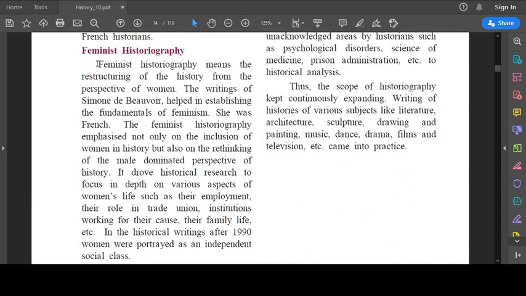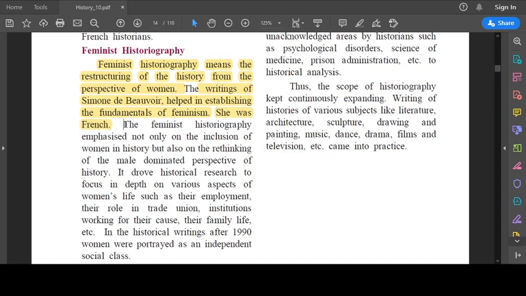Okay. So first point is the first line. Feminist historiography means the restructuring of the history from the perspective of women. That's your first point. Second, the writings of Simone de Beauvoir helped in establishing the fundamentals of feminism. She was French. So this full thing is your second point.